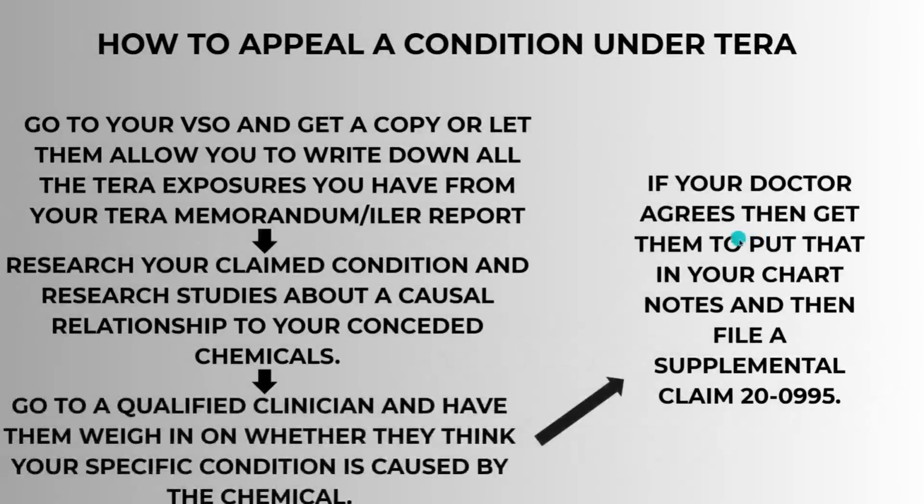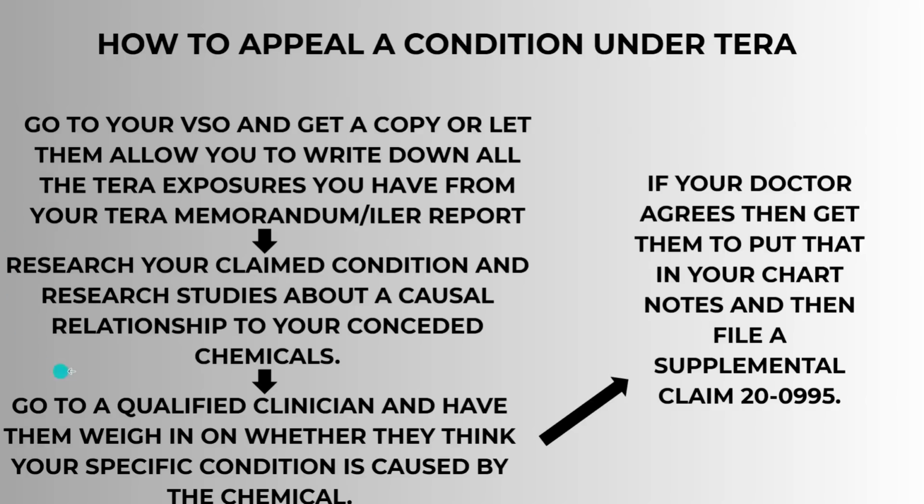And how to appeal a condition under TERA. So let's say you claim something under TERA and then you get denied, but you want to appeal it under a supplemental claim. You need to go to your VSO and get a copy of all of your TERA documents, even if they just help you transcribe it on a piece of paper. Look and see what's on your TERA memorandum and your ILA report. You need to know what chemicals you were exposed to.